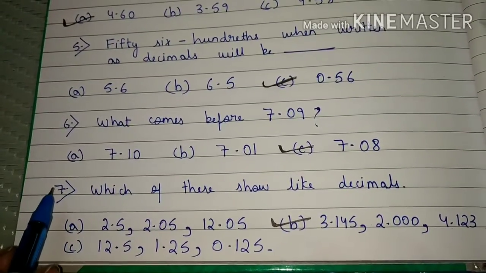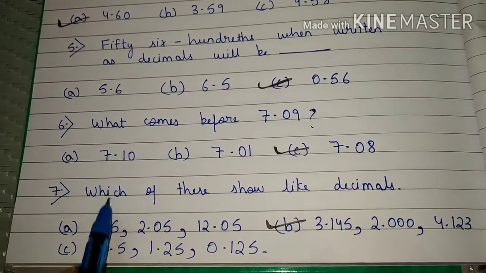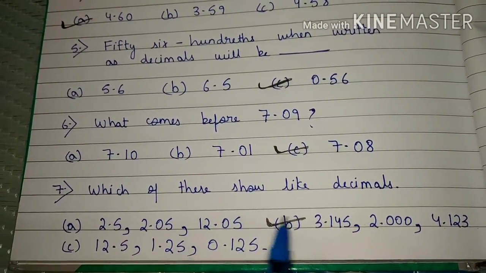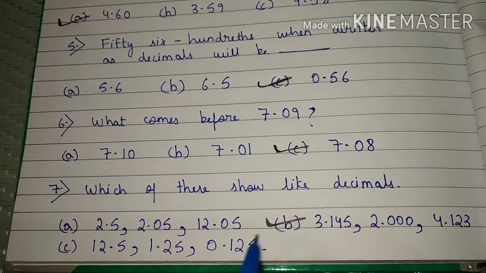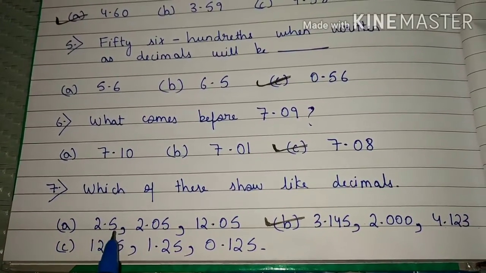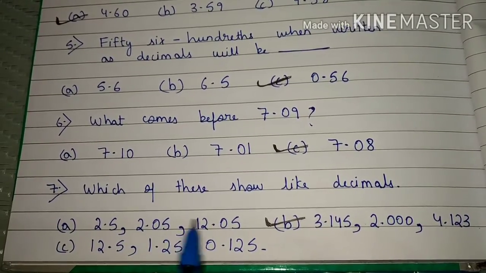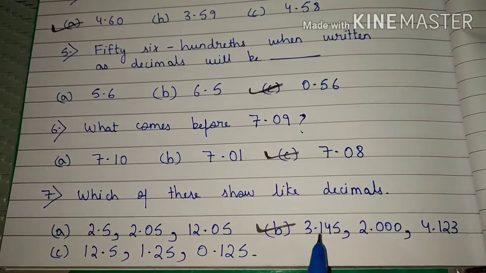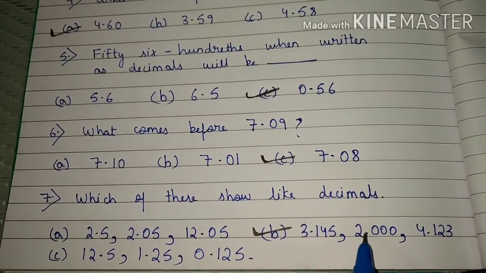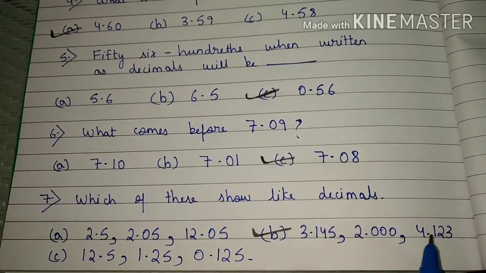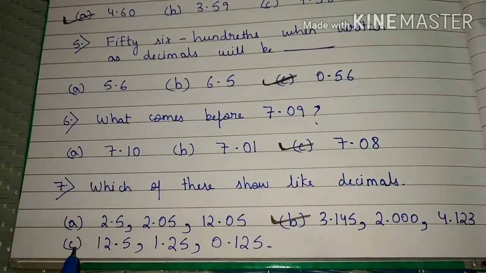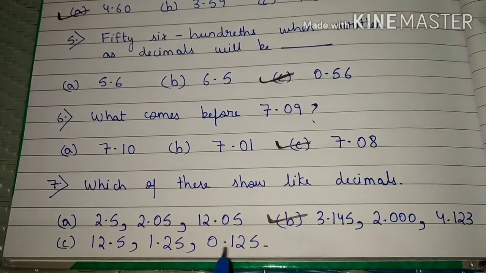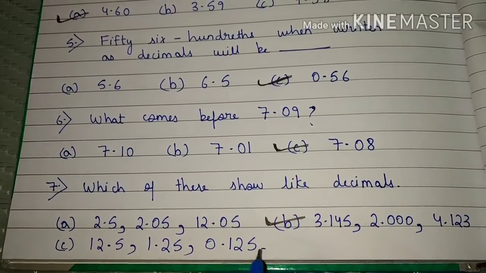Students, now come to question number 7. Which of these show like decimals? You can see here three options are given to you. Option A 2.5, 2.05, 12.05, option B 3.145, 2.000, 4.123, option C 12.5, 1.25, 0.125.